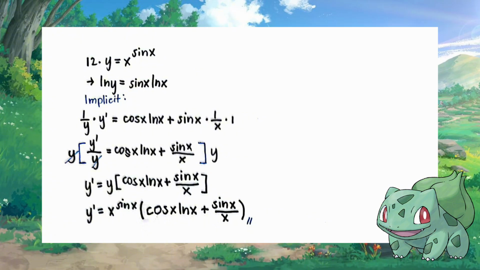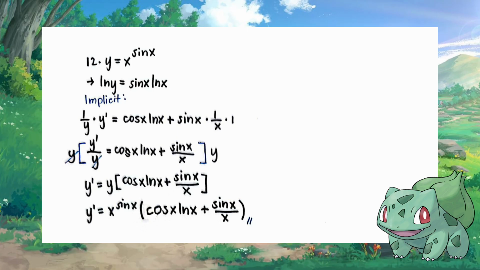Then simplify. 1 over y times y prime becomes y prime over y is equal to cosine x times ln of x plus sine x over x. Then we can multiply both sides by y so that we cancel the y in the denominator on the left side, and what remains is y prime.